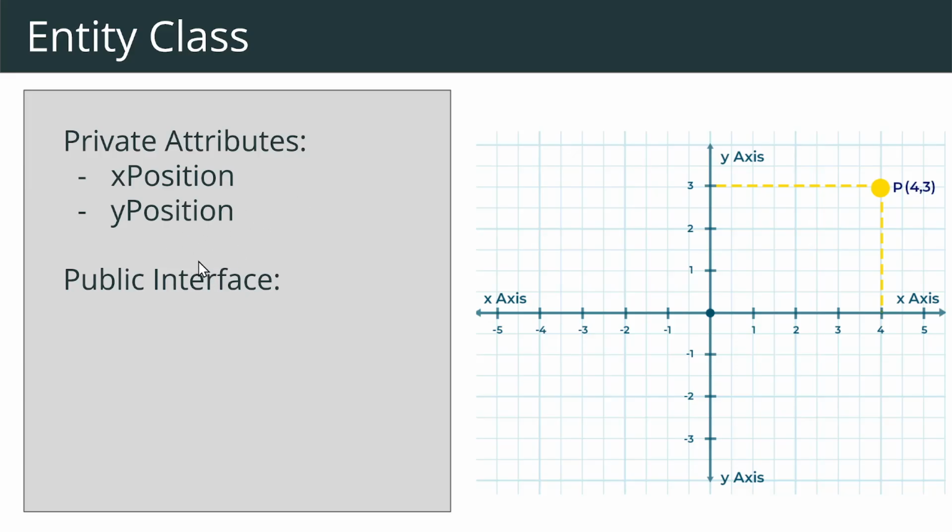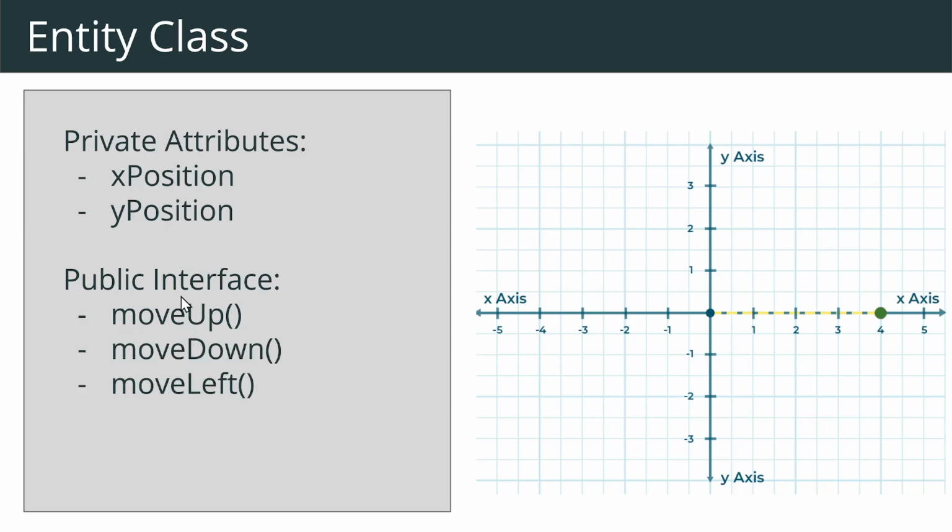And we've got a public interface too. A public interface, these are like buttons that allow the user to change these attributes safely. Like you might have an up button, down, left, right. These are all methods that change these values here.